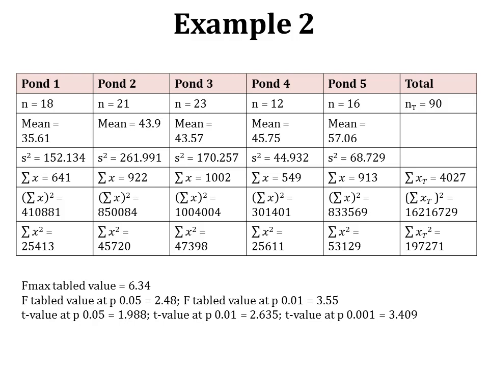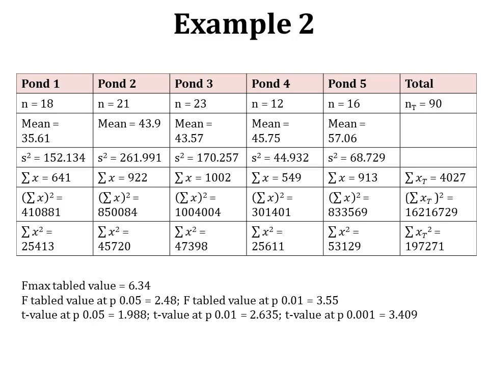And the mean value taken from pond number 1 is 35.61 milligrams per deciliter of bicarbonates. From pond number 2, this is 43.9 milligrams per deciliter of bicarbonates. From pond number 3, which has 23 observations, the mean of these observations is 43.57 milligrams per deciliter of bicarbonates.